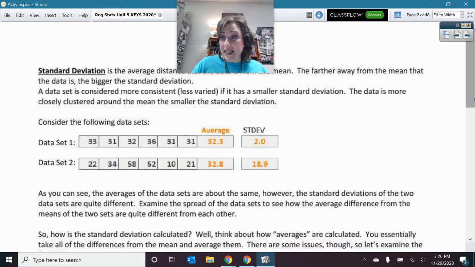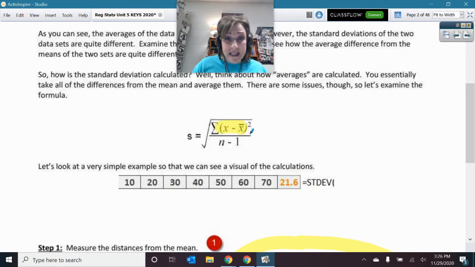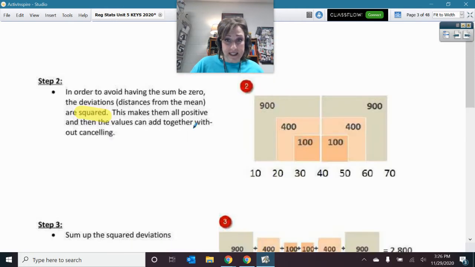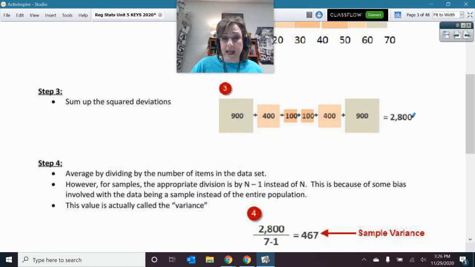That's why the formula has you doing these differences and squaring them. Then we add up all of those squared distances: 900, 400, and so on. We add them all up and get that total sum.